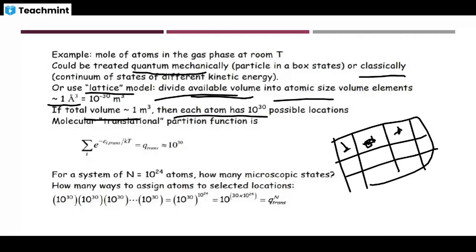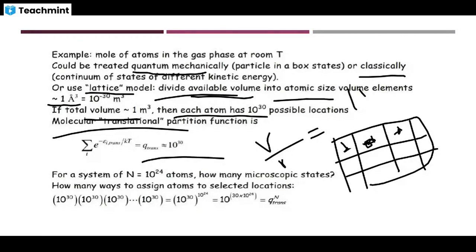The molecular translational partition function is nothing but V by small v. The total volume is 1 meter cube, but each molecule occupies only 10 to the power minus 30 meter cube.